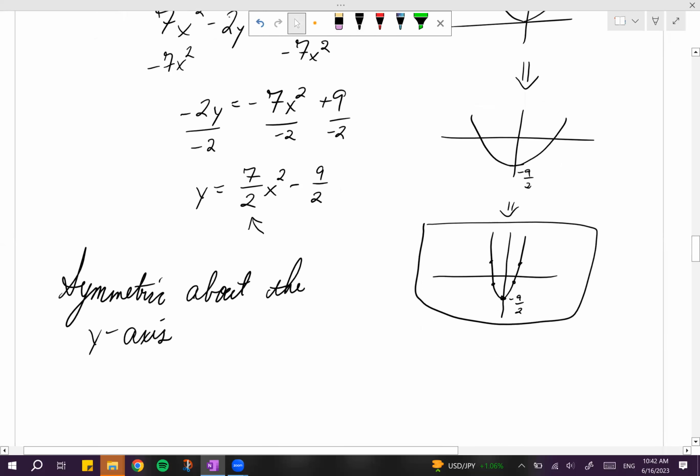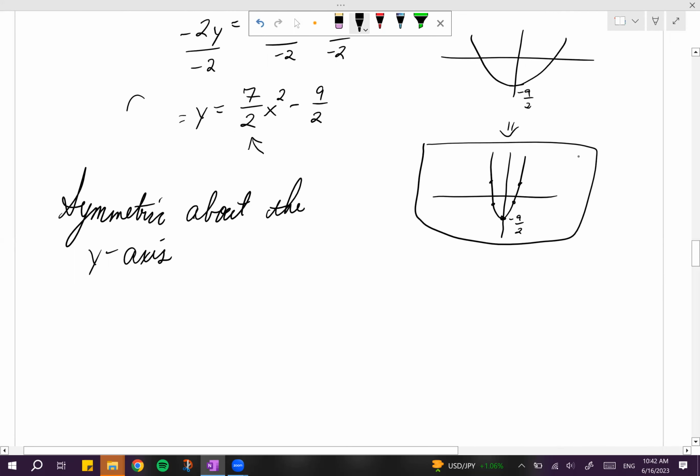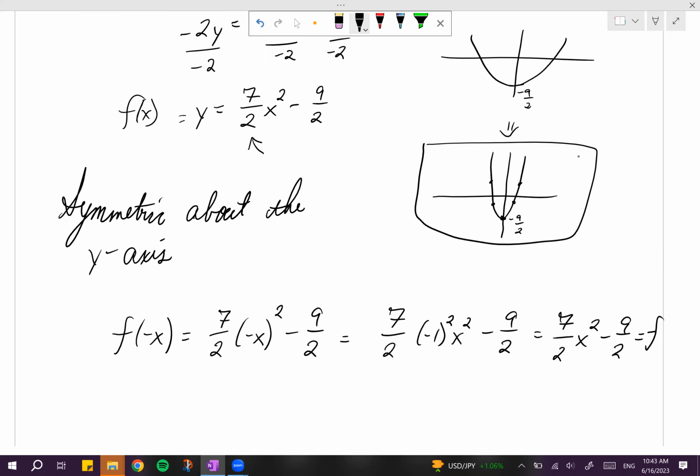All right. And another way I could see this is using the even and odd stuff. If this is f of x, if I do f of negative x, I'm going to get 7 over 2 negative x squared minus 9 over 2, which is 7 over 2 negative 1 squared x squared minus 9 over 2, which is 7 over 2 x squared minus 9 over 2, which is exactly my f of x.